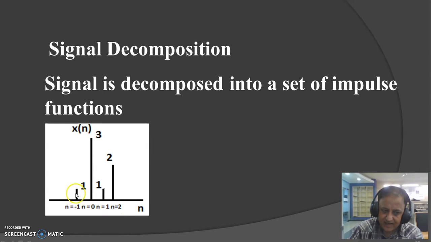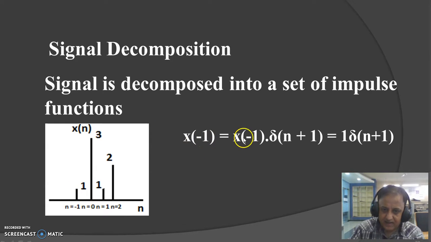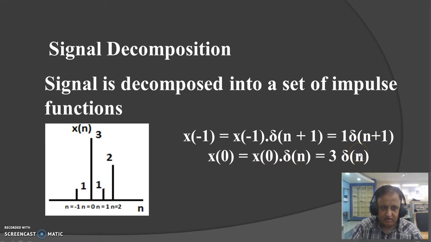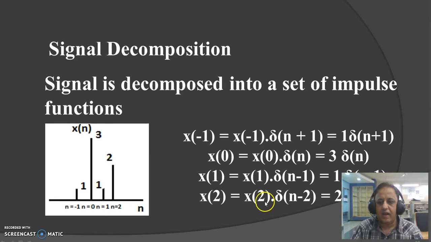Now I can write x of -1 here as x of -1 in magnitude, 1, times delta of n plus 1, because delta of n plus 1 will exist only at n equals -1. So it's an advanced version of the impulse function, and therefore it's 1 into delta of n plus 1. Similarly, for x of 0, I can write it as 3 times delta of n. Same for x of 1 and x of 2.